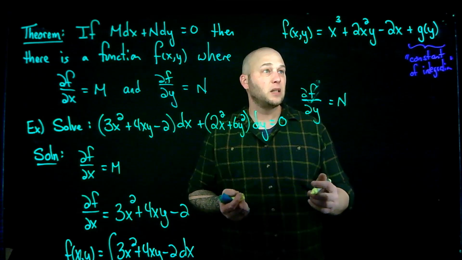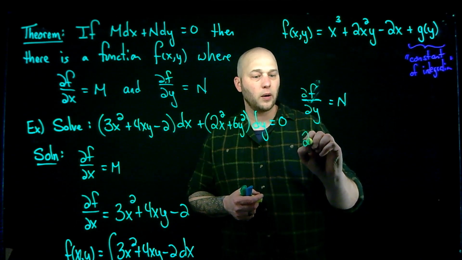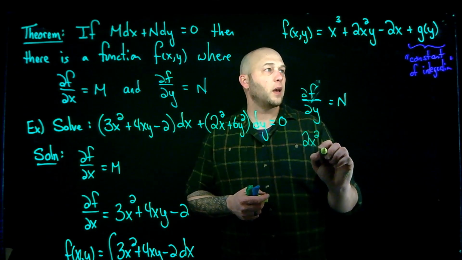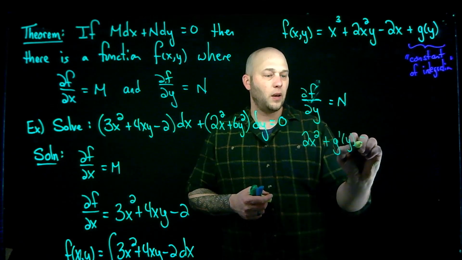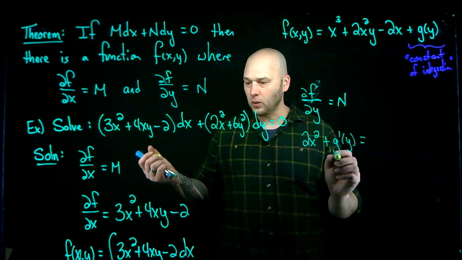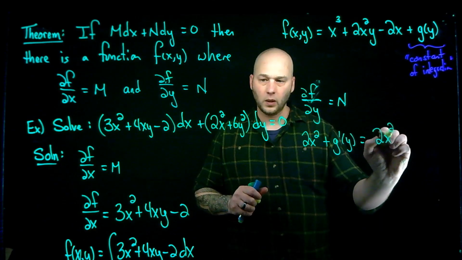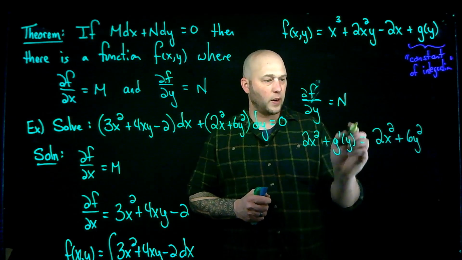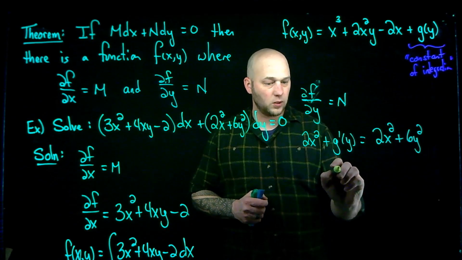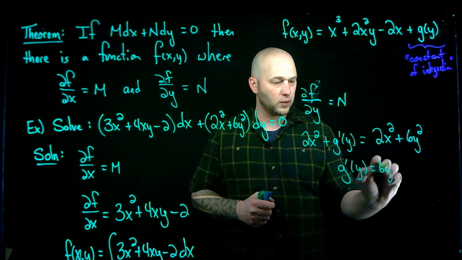So let's go ahead and differentiate with respect to y. I'm going to get 2x squared and then plus g prime of y, and then equals N. Well, N was this expression right here, so 2x squared plus 6y squared. And of course, the 2x squareds cancel, leaving g prime of y is 6y squared.